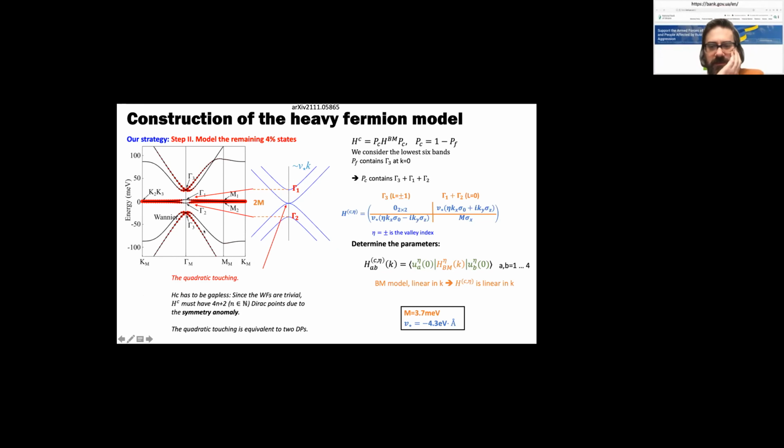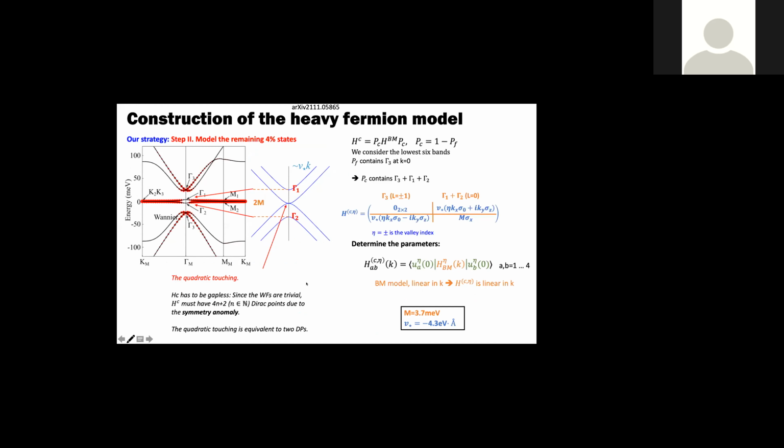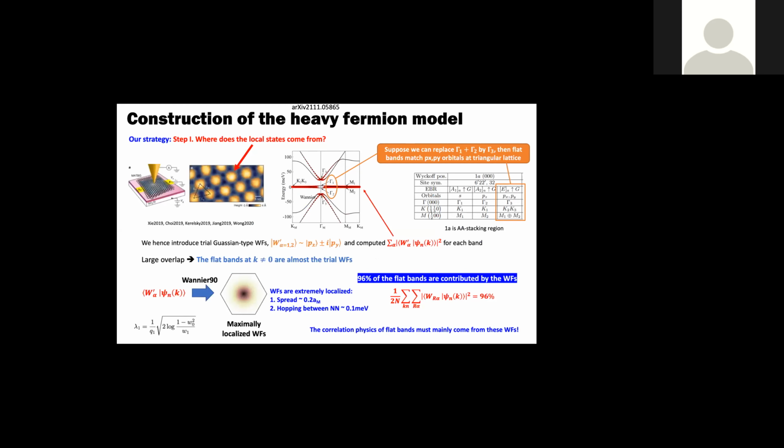So I've told you where 96% of the states of the Bistritzer-MacDonald bands come from. They come from the Vanya, from these localized F electrons. Very localized. Are you going to show us numbers later on as you slightly go away from the flat band? What does that number become? It goes down, I presume, as you go away from the magic angle. Yeah, it goes down.